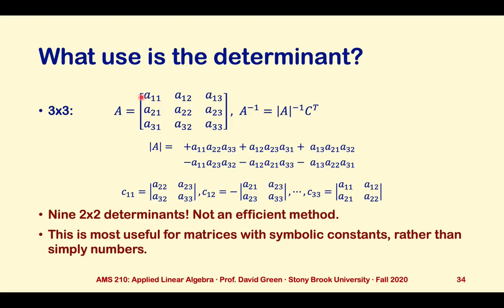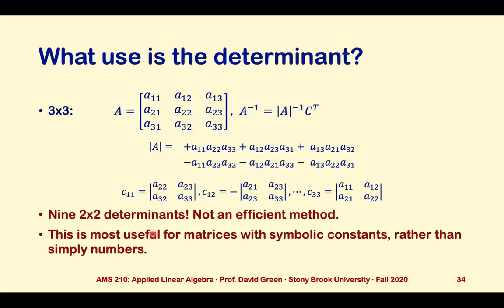Delete the first row and the second column gives us a different determinant, negative, and so on. Now, if we try to do this, we have to construct a 3 by 3 matrix where every element is one of these cofactors. There's 9 elements. This means we need to compute 9 2 by 2 determinants.